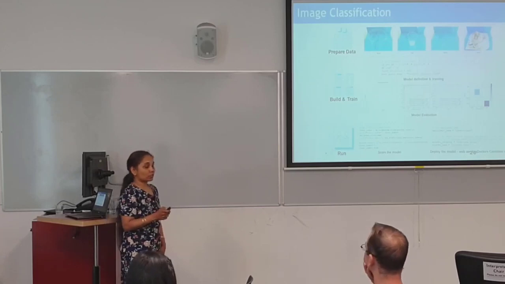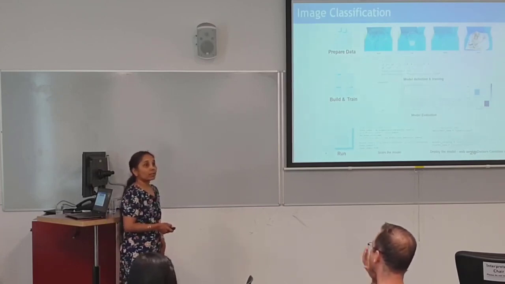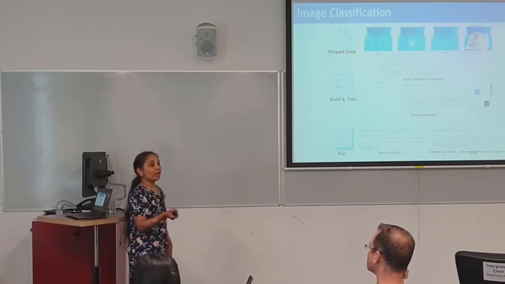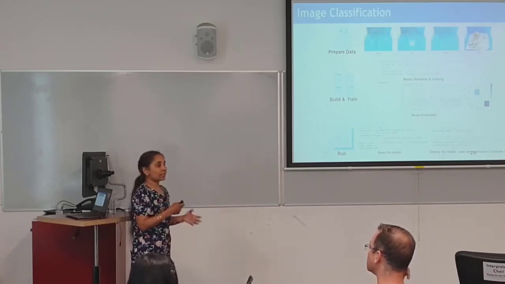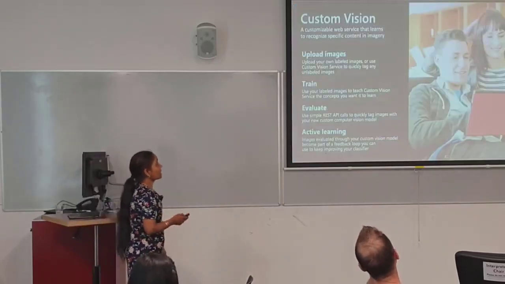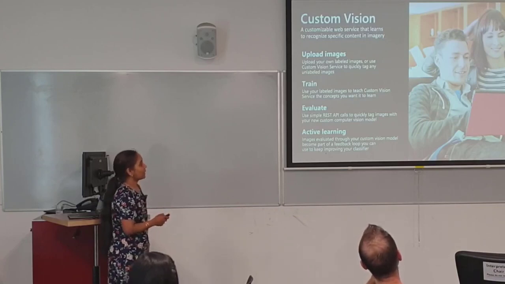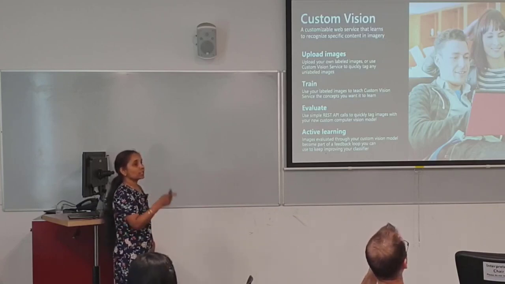If you're not happy with the score, what do you do? Train more. Upload more with different angles so that it recognizes. So custom vision is upload images, train, evaluate, and you can repeat this cycle.